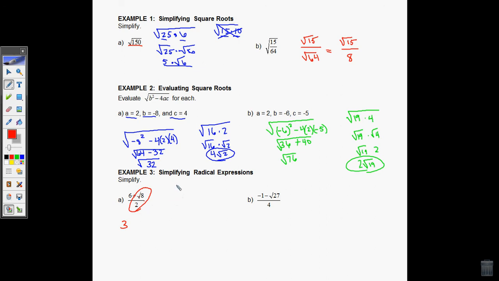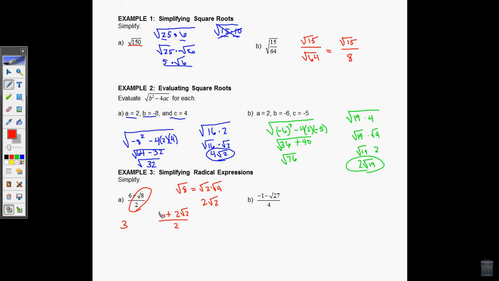Well, 8 can also be written like 2 times 4. So the square root of 8 equals the square root of 2 times the square root of 4. Interesting. I know the square root of 4, so this is the same thing as 2 square roots of 2. What if I rewrote this? So it said 6 plus 2 square roots of 2 over 2.